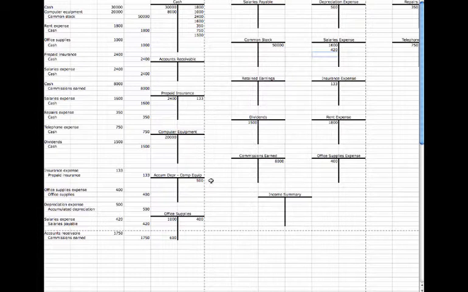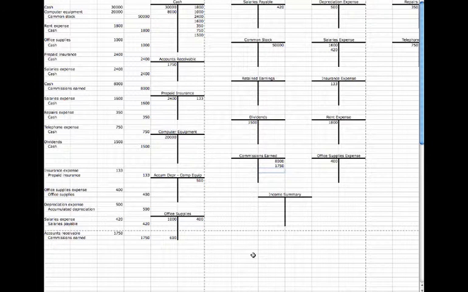We're going to increase the salaries payable, which is over here, for $420. And then we have to recognize accounts receivable of $1,750 and the commissions earned of $1,750. And now we've adjusted the books.